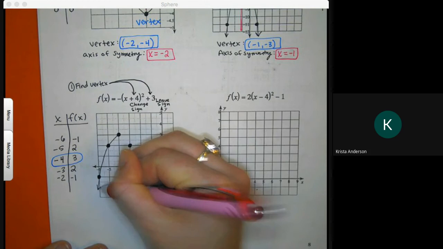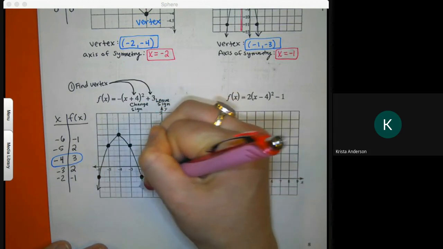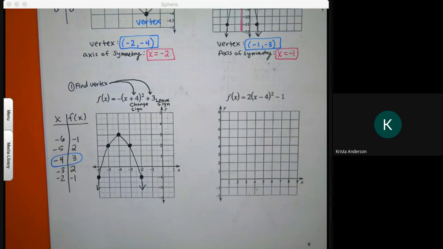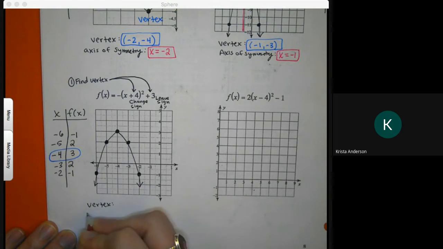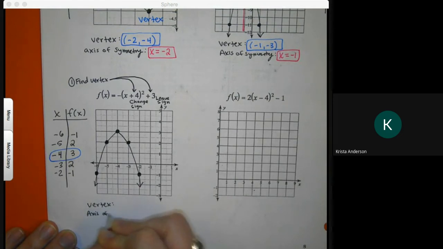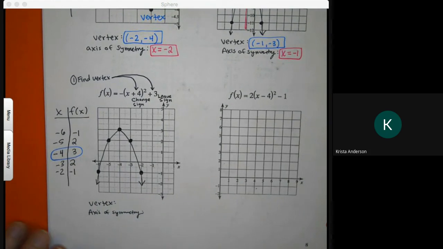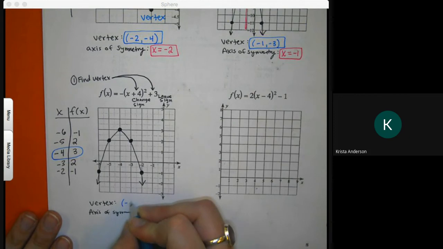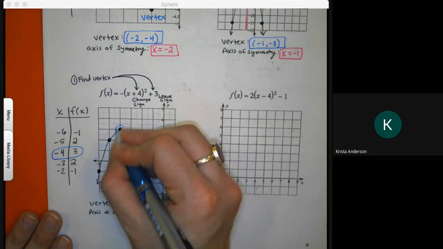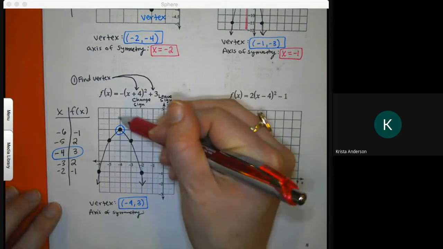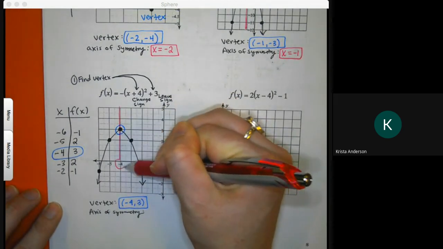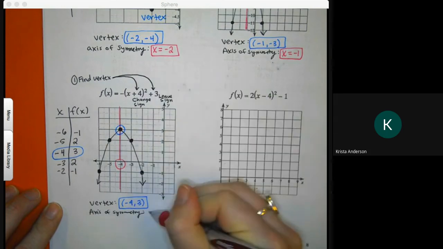And it will autofill your U. My vertex is at -4, up 3. And my axis of symmetry is this line that cuts down the middle and hits -4.